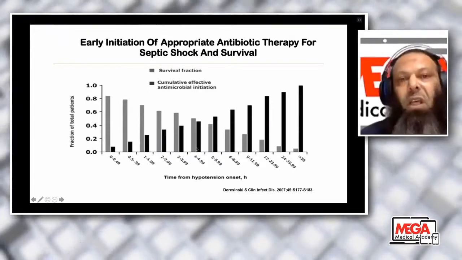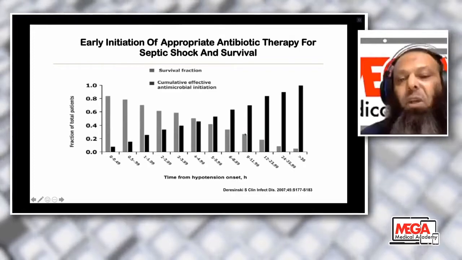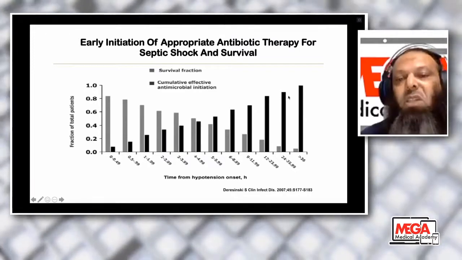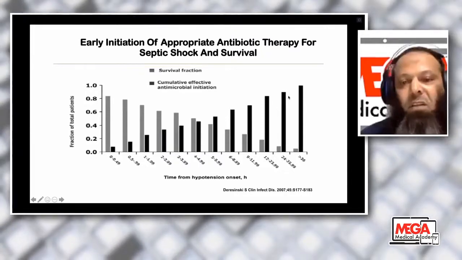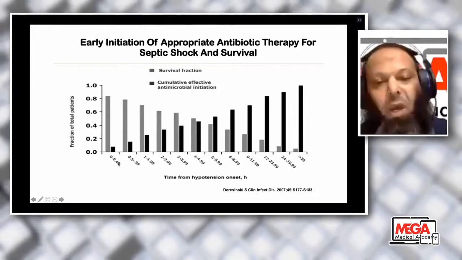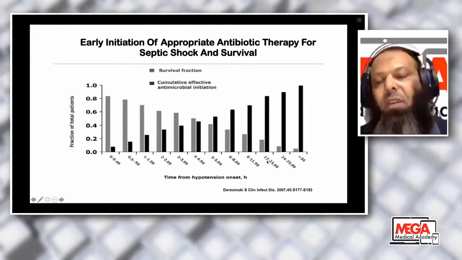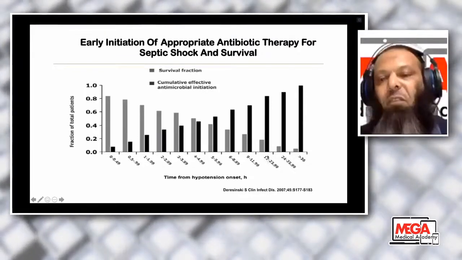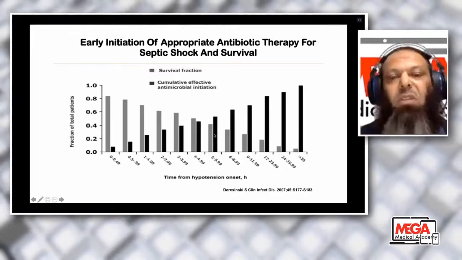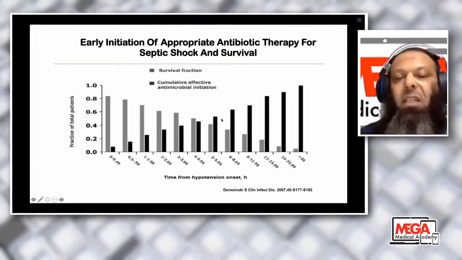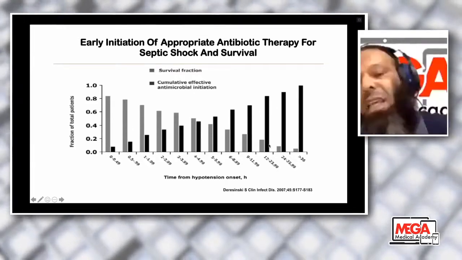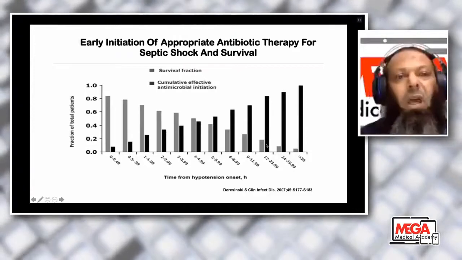The delay in antibiotic administration is associated with increased mortality rate and lower survival rate. So every time you delay the antibiotics, here you give it at 1 hour, here you give it at 12 hours, for example, or here at 6 hours, the mortality rate is increasing as far as you are delaying the antibiotics.